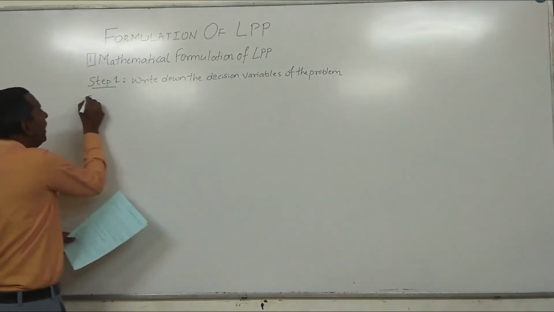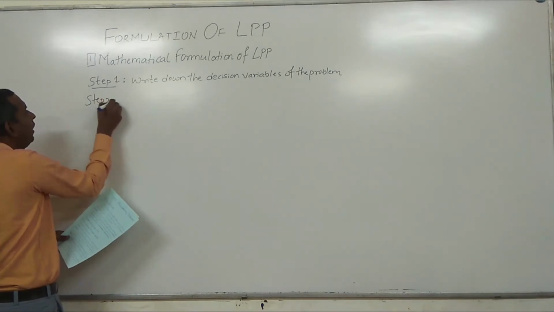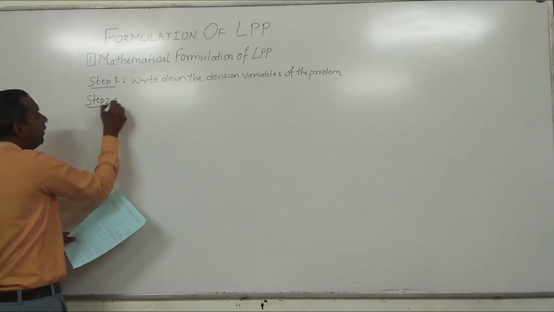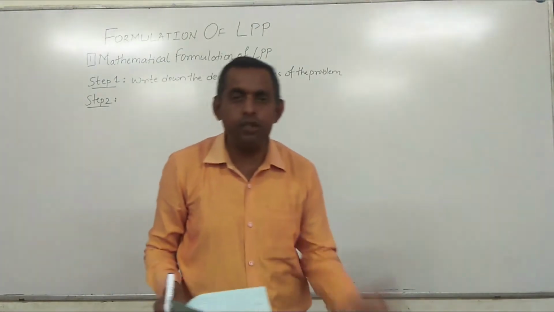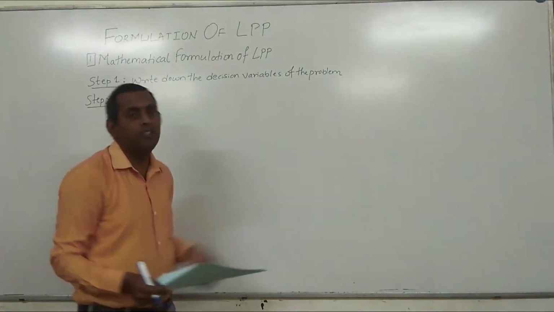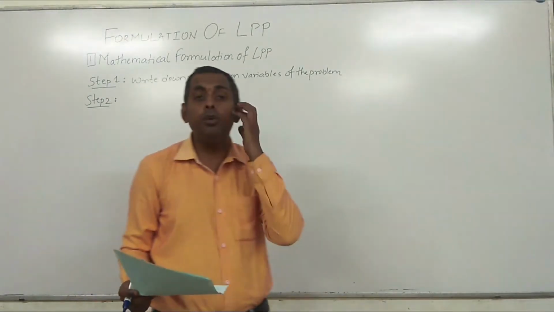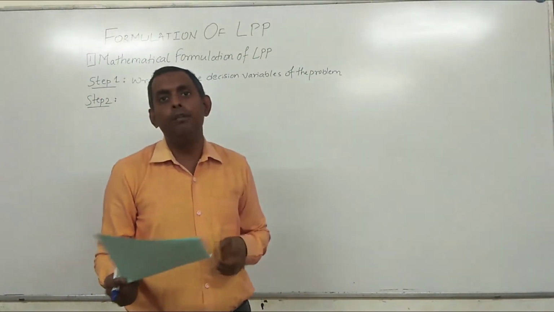Then comes step 2: to formulate the objective function. Once we have finished with step 1, that is writing down the decision variables, in step 2 we need to formulate the objective function.